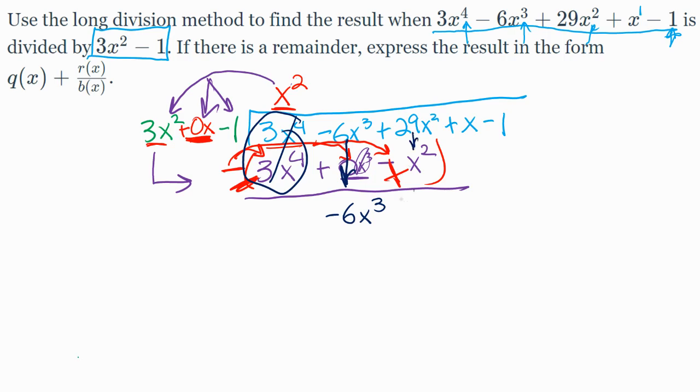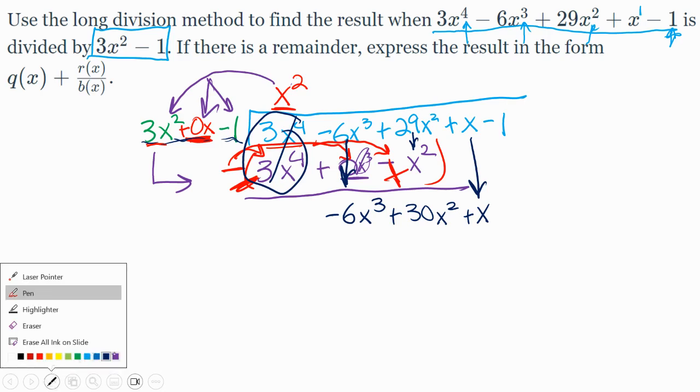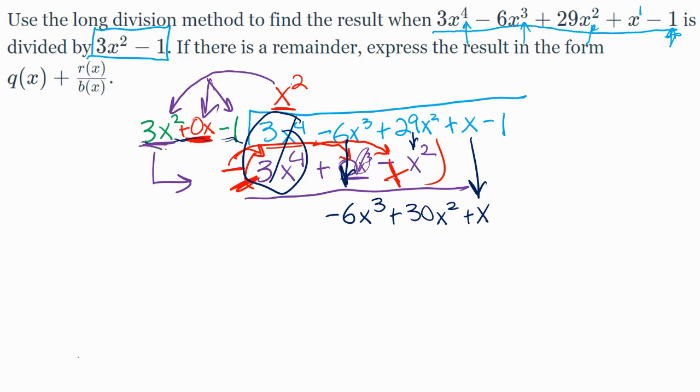And the whole reason that 0 was there was to put this x to the second underneath its like term. So this will actually get you 30x to the second. And then you bring down your x, your next term. So we need a trinomial to match the trinomial, including the 0 out in front. So then we look up top and decide what do we multiply 3x squared by to get a negative 6x to the third?